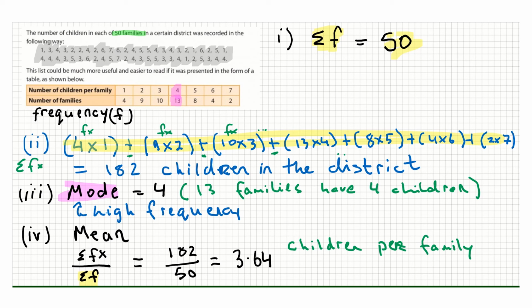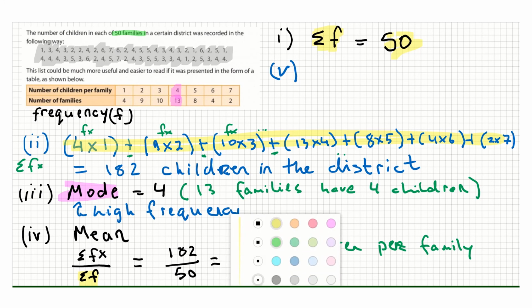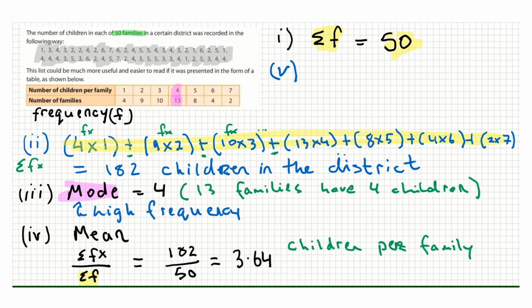We're going to calculate one more thing. I'm going to bring part 5 back up here. Suppose you're asked a question about percentages: what percentage of families had, let's say, 6 children? 4 families had 6 children, so 4 families out of 50 families.